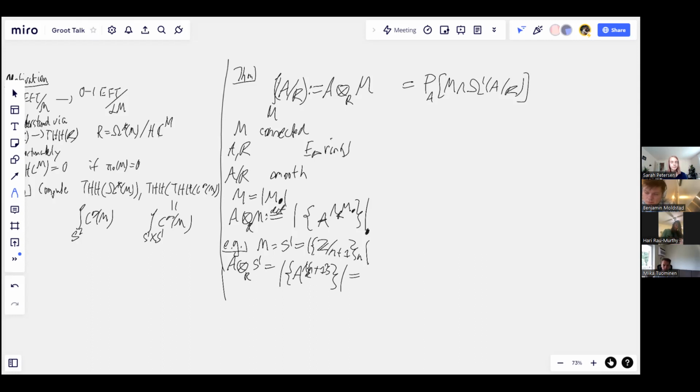The degeneracies and face maps come from the structure maps in Z mod n plus 1. And it is also the definition of THH of A over R. This A over R just means A relative to R. Okay. Any questions?